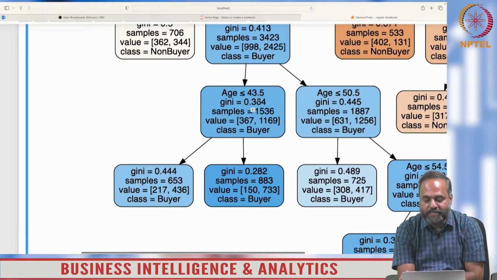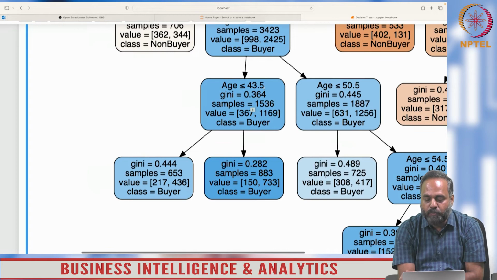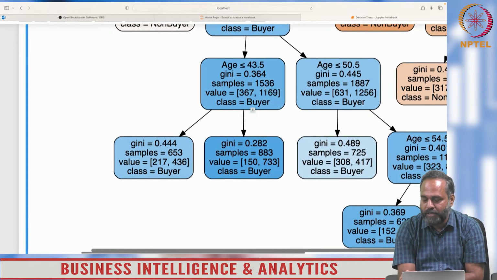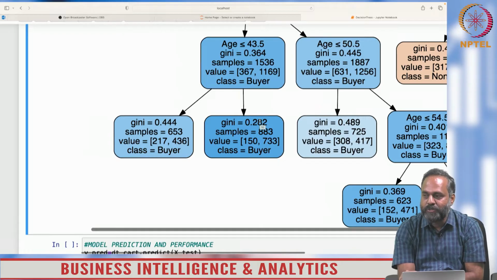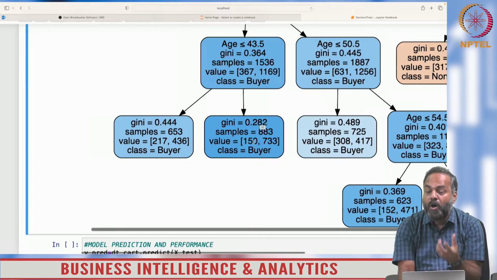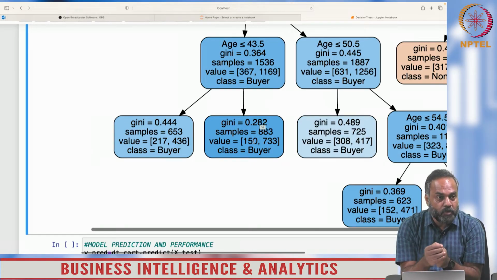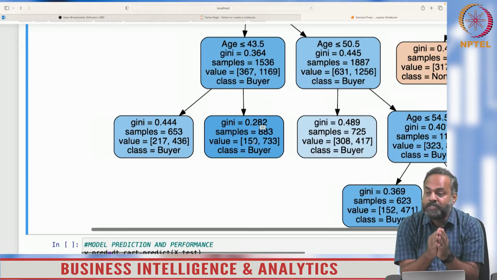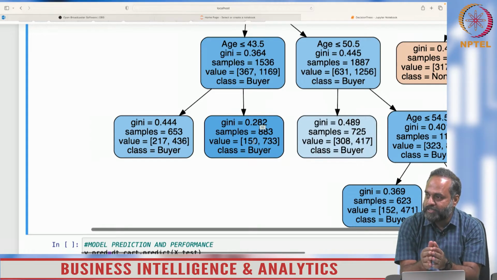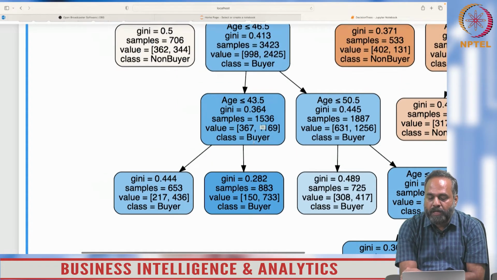When it comes to 0.364, the nodes become purer and purer as you go down. At Gini 0.364 it becomes deeper blue, and when it becomes 0.282, it is much purer, and this shows that it has more buyers than non-buyers: 733 buyers and 150 non-buyers. The probability of buyers in this particular group is quite high. This is a good, useful rule; this leads to buyers.